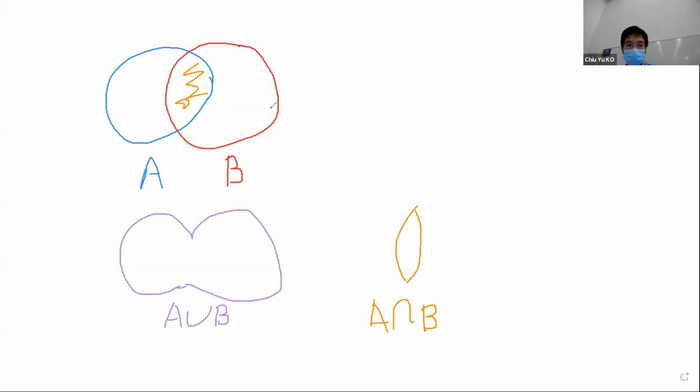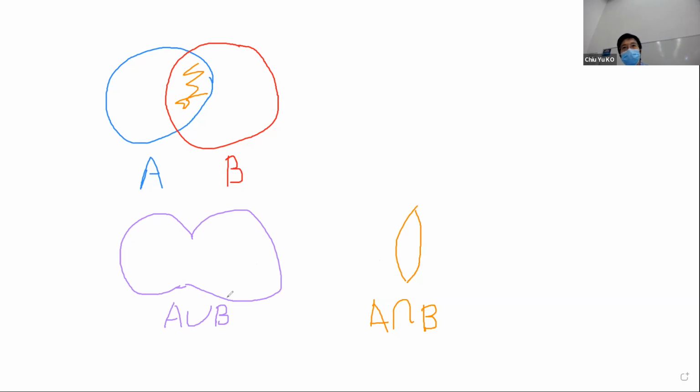So look at this simple geometry idea. You have a blue area and a red area, and when you add them together, you double count the orange area, right? So you have blue plus red minus orange is purple. Let me repeat. Purple is blue plus red minus orange.